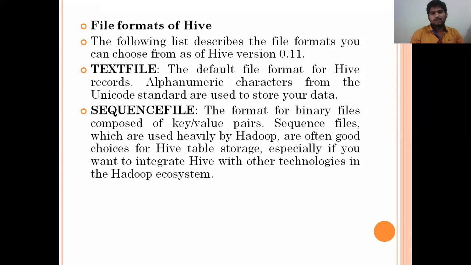These are key-value pair map files, which are used heavily by Hadoop and are often a good choice for Hive table storage, especially if you want to integrate Hive with other technologies in the Hadoop ecosystem. When we are interacting with other Hadoop ecosystem tools, sequence files are very useful.